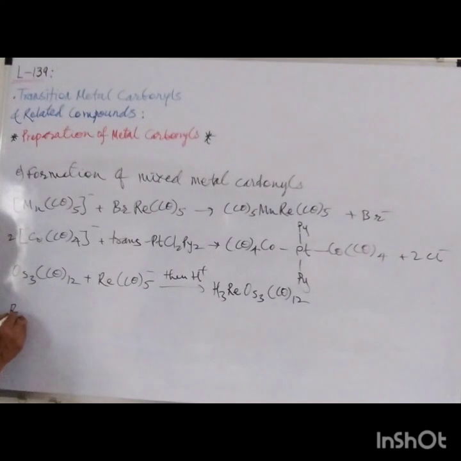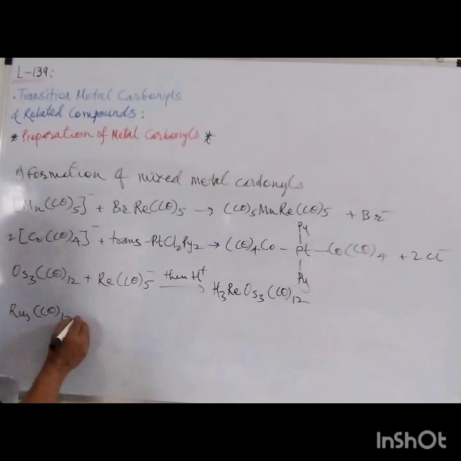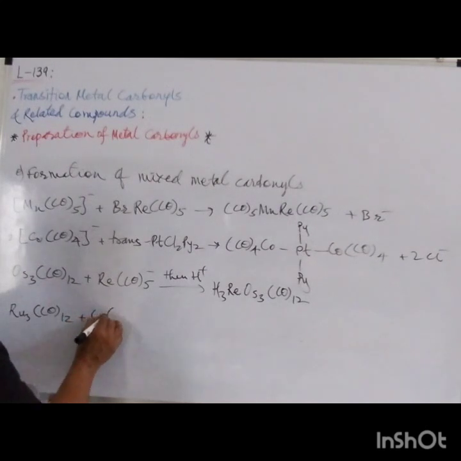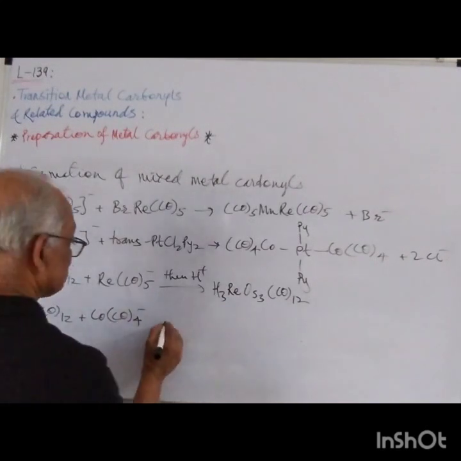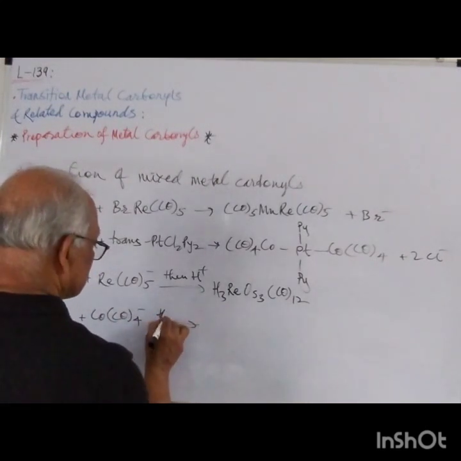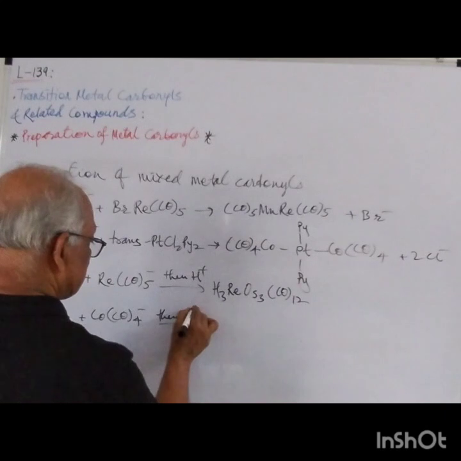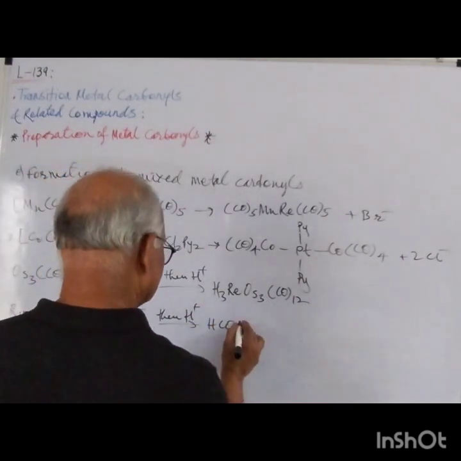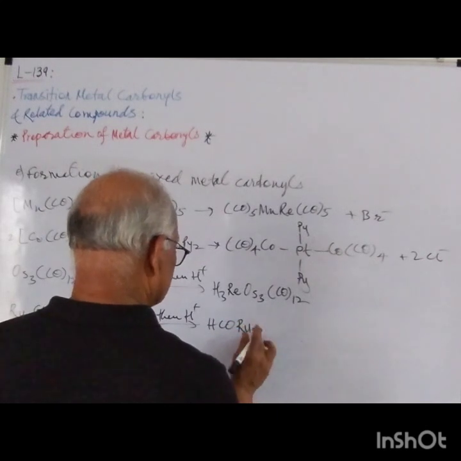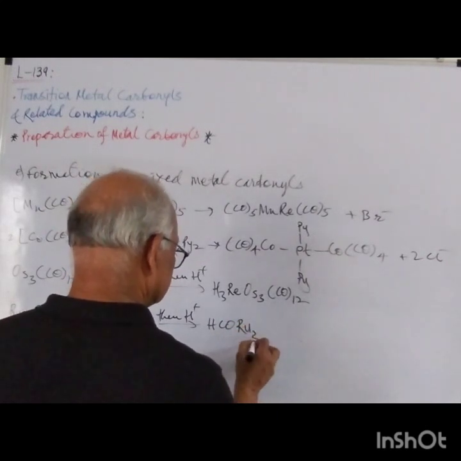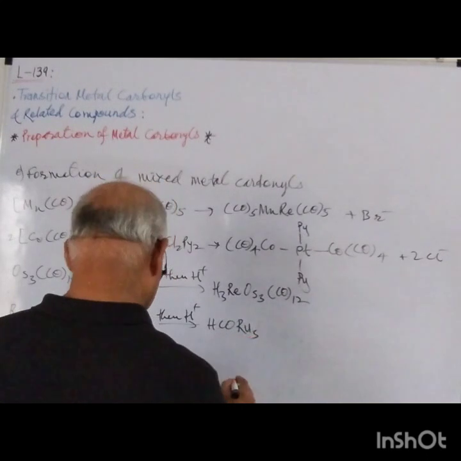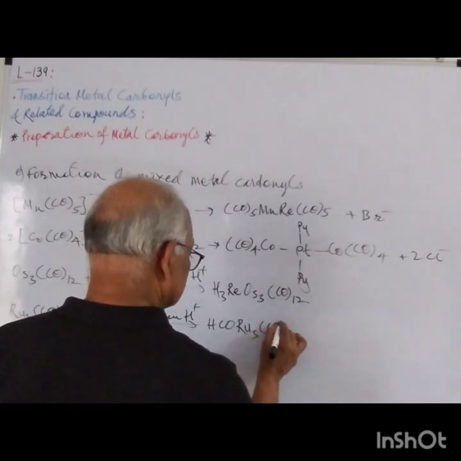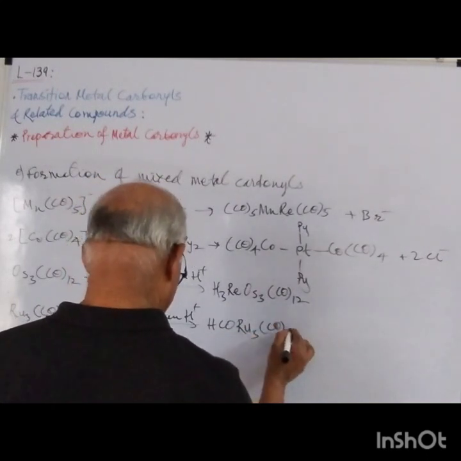Then Re3(CO)12 plus Co(CO)4 minus. The same way, then H plus gives HCoRe3(CO)13.